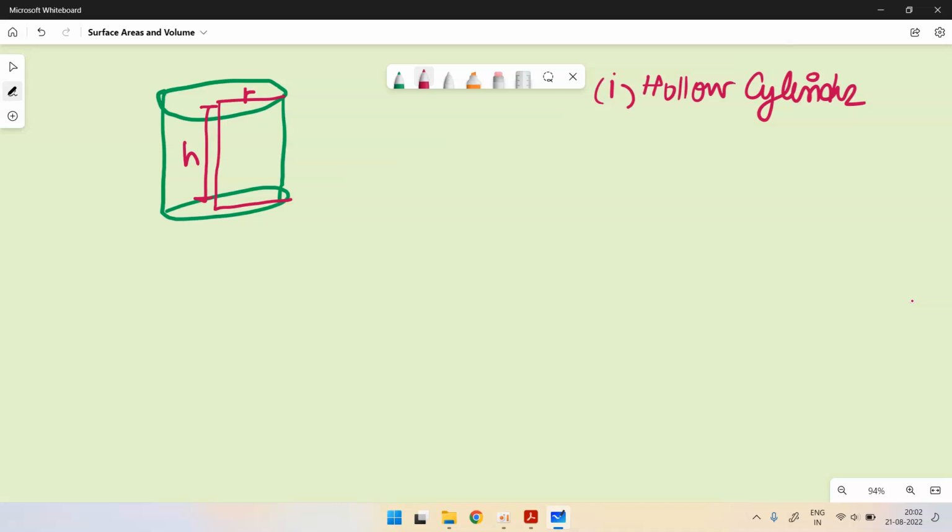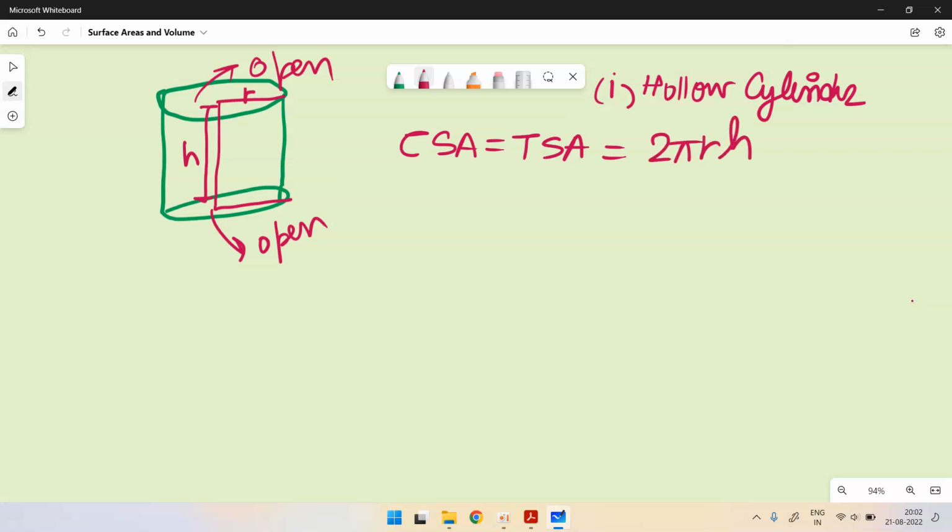From here you can see that curved surface area equals total surface area, because this is hollow, so this is open. Curved surface area equals total surface area equals 2 pi r into h.